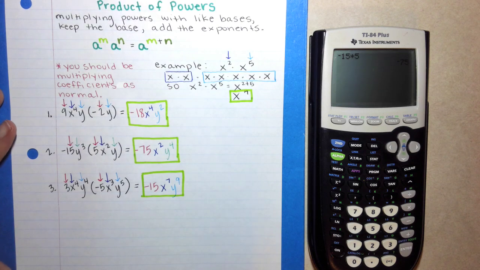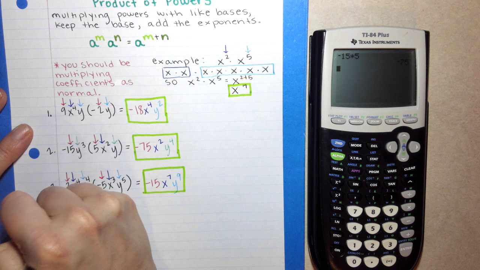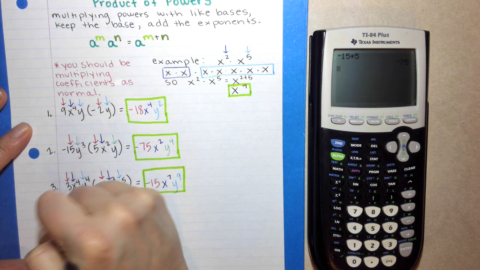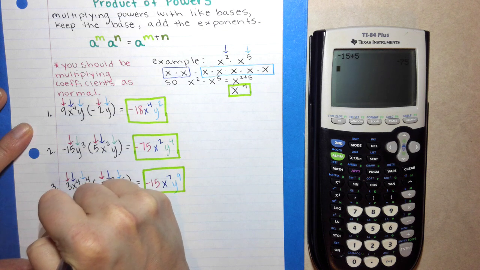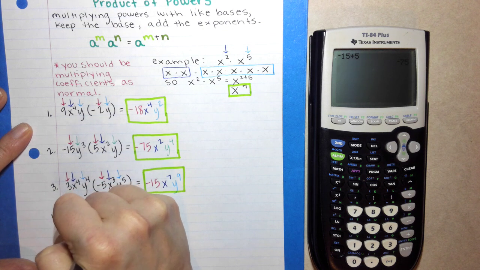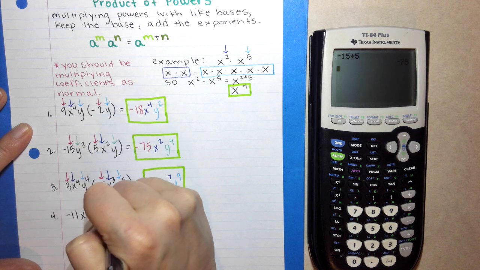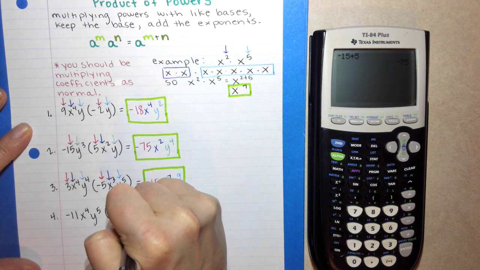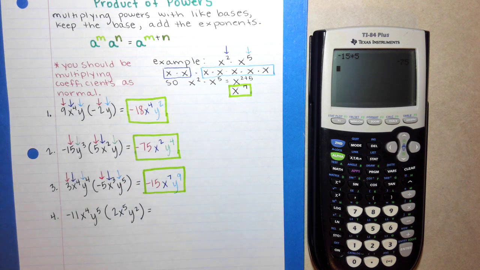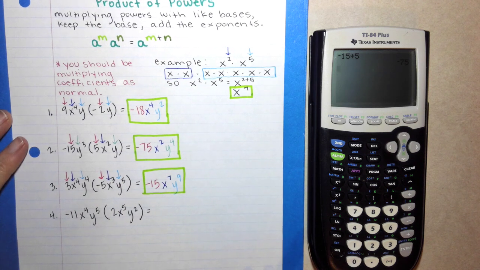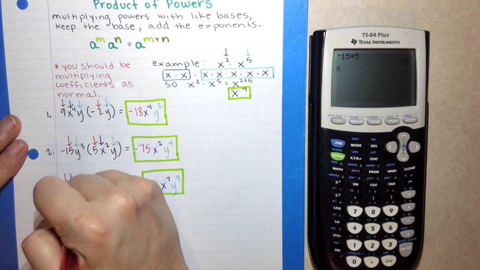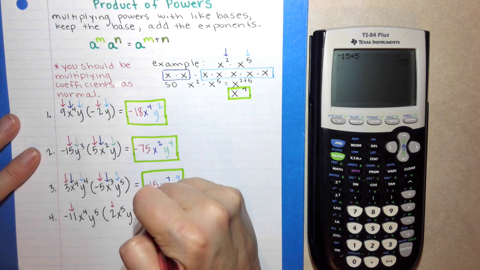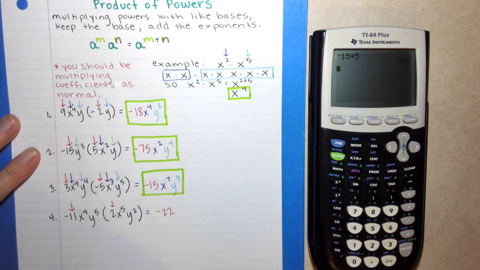So our last example, we're just going to work one more, is going to be negative 11x to the 4th y to the 5th, times 2x to the 5th y squared. Okay, so step 1, we are going to multiply coefficients. Negative 11 times 2. That would make negative 22.